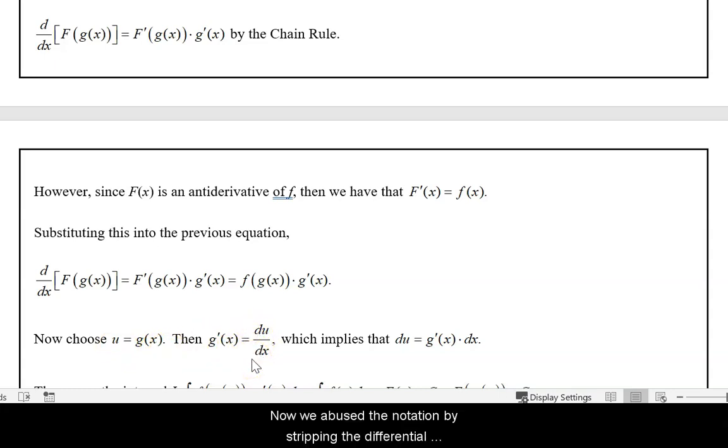Now we abuse the notation by stripping the differential dx away from du dx and swinging it to the other side of the equation. This lets us write that the differential du is g prime of x times dx. This is one of the most important steps here and is crucial for doing u substitution correctly.